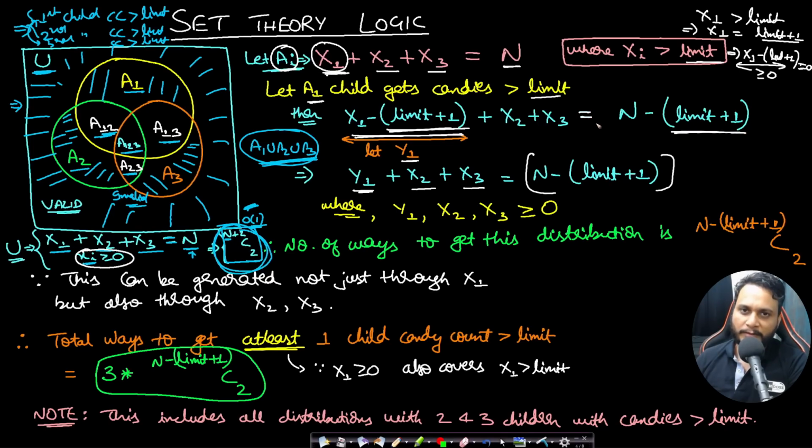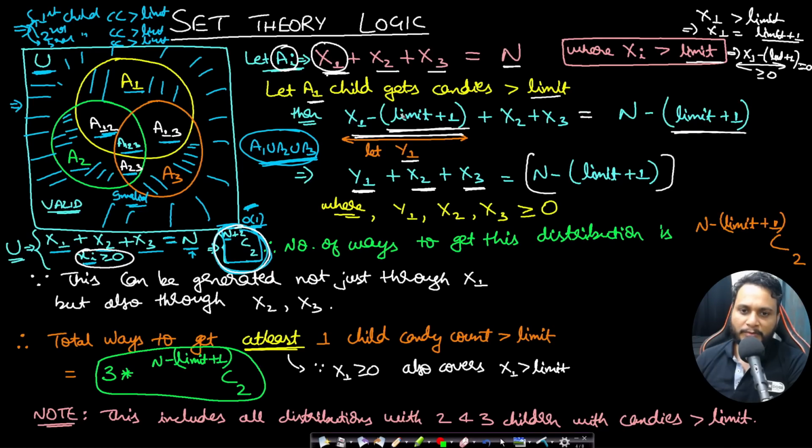Otherwise you cannot maintain the equality. So taking x1, I am subtracting limit plus 1 on both sides. On the left side I am assuming this term to be y1. On the right hand side you have n minus (limit plus 1). If you can represent it in this way, then to count all possible distributions of y1 plus x2 plus x3, you can use the same formulation, n plus 2 C 2.